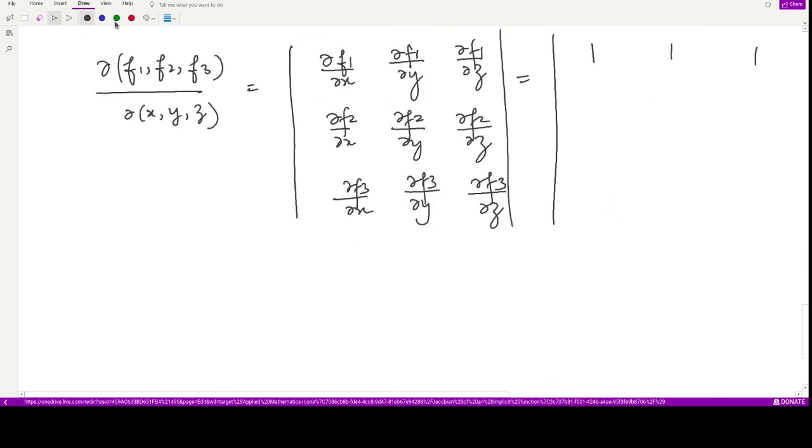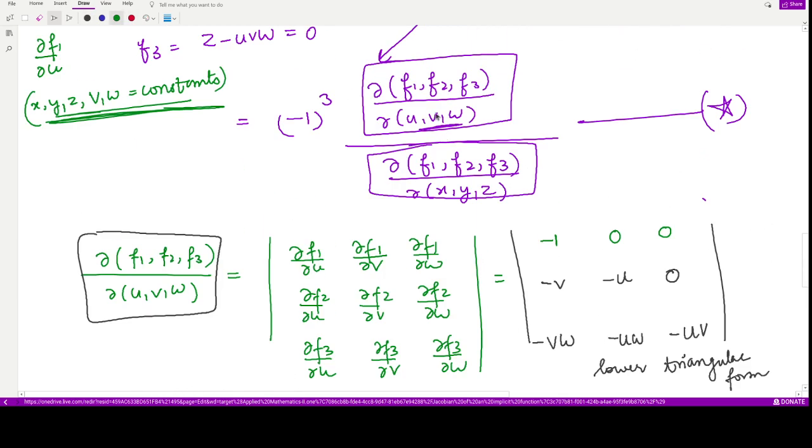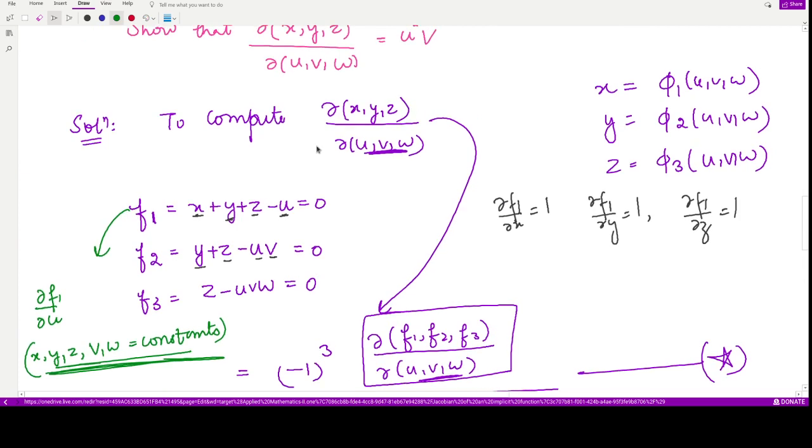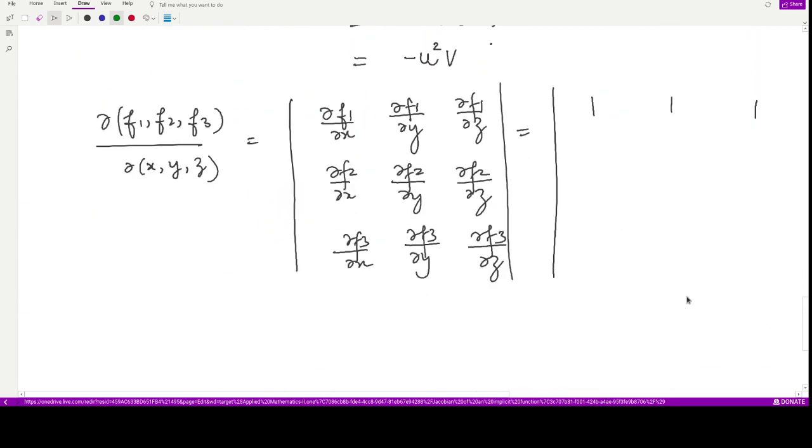Next we have to compute the partial derivatives of f2 with respect to x, y and z. Because we have y, z and no x, the partial derivative of f2 with respect to x would be 0, with respect to y would be 1, and with respect to z would also be equal to 1. So this row would become 0, 1 and 1.